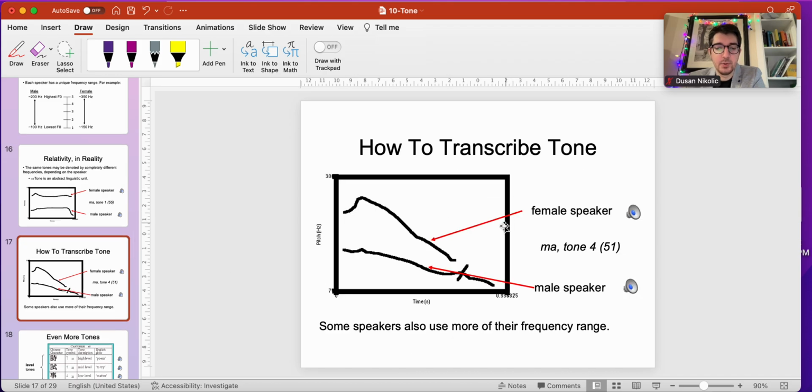How to transcribe tone? Well, for male speaker, this tone is going down, right? 妈 And that's tone 5-1. 妈 For female speaker, it's also going down, but the range from the highest point to the lowest point, something here, I guess, right, is really broad.